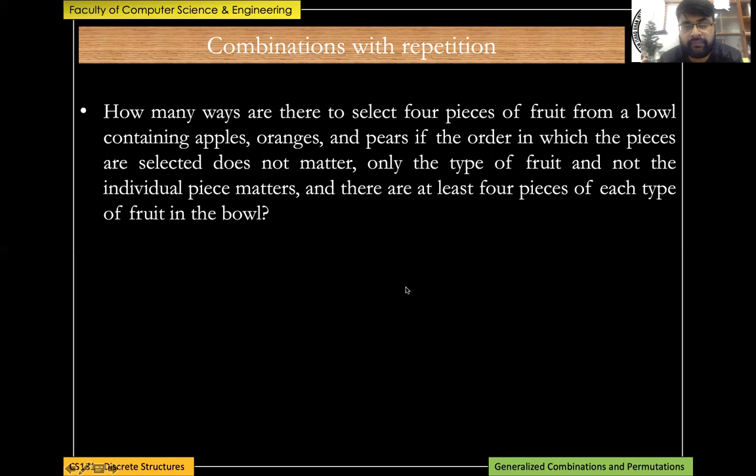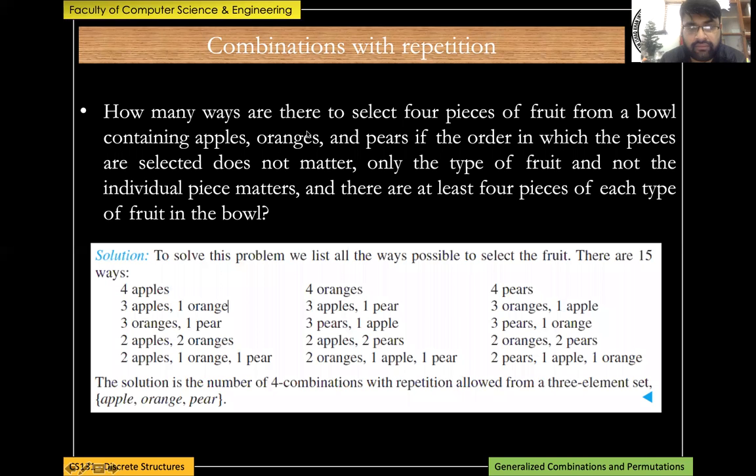How many different ways are there to select 4 pieces? You can select all 4 apples, all 4 pears, or all 4 oranges, or you can select a mix of them, right? The answer to this would be a combination of 12 and 4, right? So a combination of 12 and 4 is going to be this one.